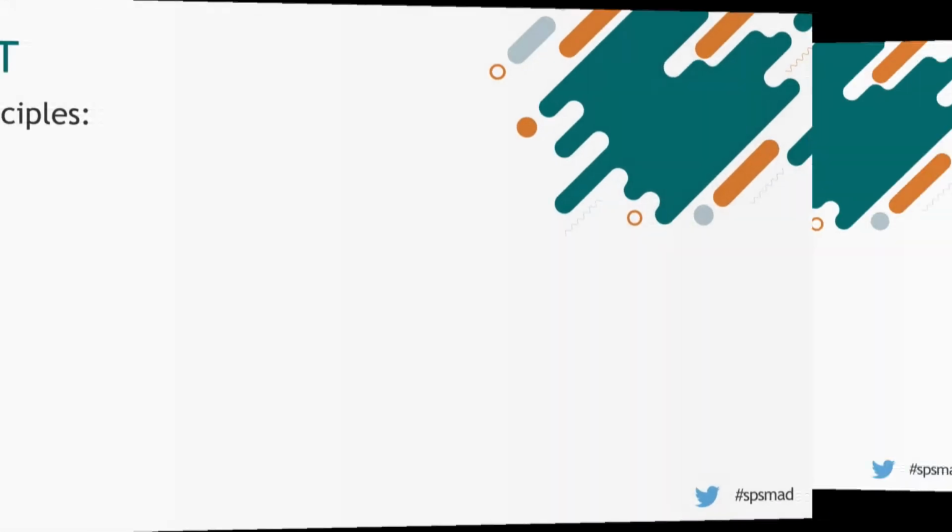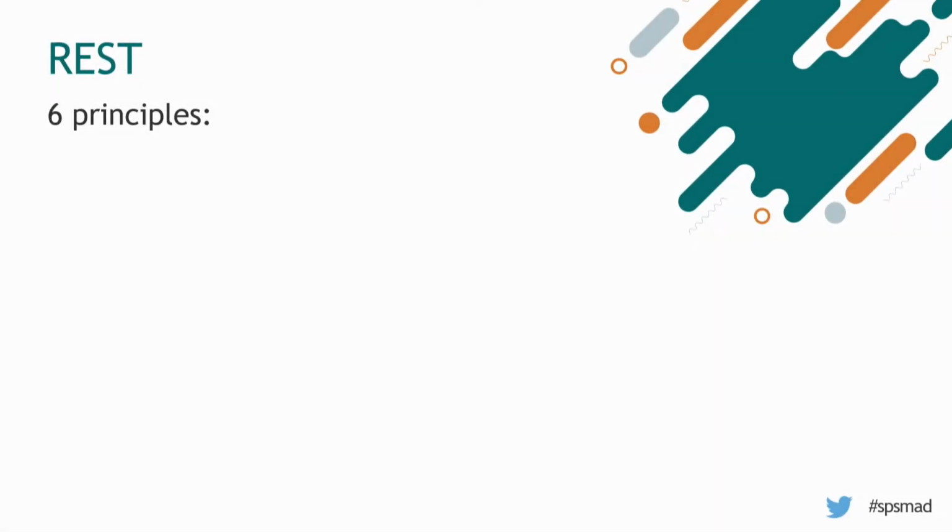And we should follow 6 guidelines or 6 constraints. First one, client-server. So the main assumption with REST is that we have an architecture with the separation of concerns. We have a client who is executing the queries, and we have a server who is responding. Pretty straightforward.